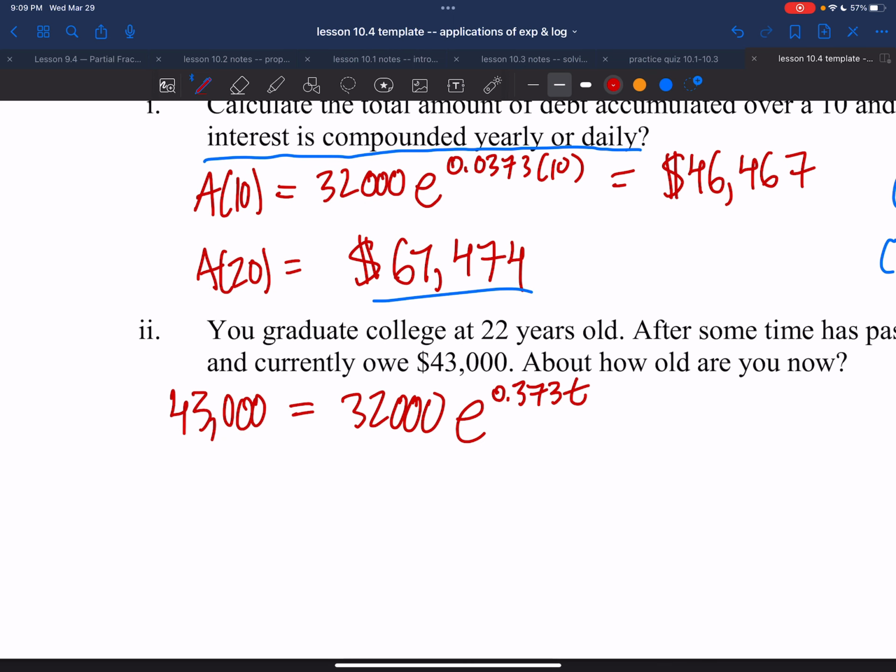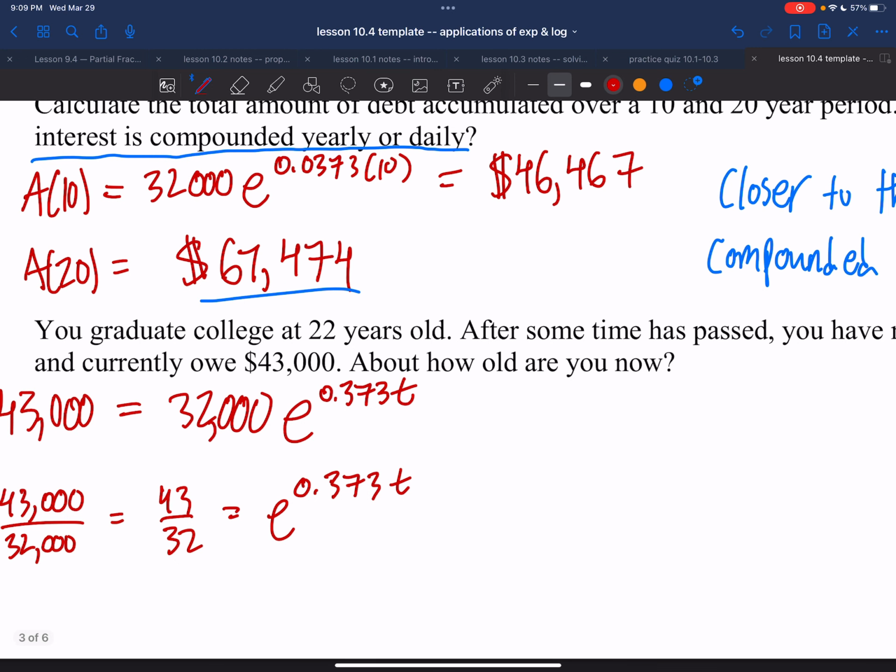So we're going to solve this using logarithms. I'm going to first isolate my exponential. I'll divide both sides by 32,000. So I'll say this is 43,000 over 32,000, which, by the way, that's just 43 over 32 because you can cancel those thousands, right? Equals e to the 0.0373 t.